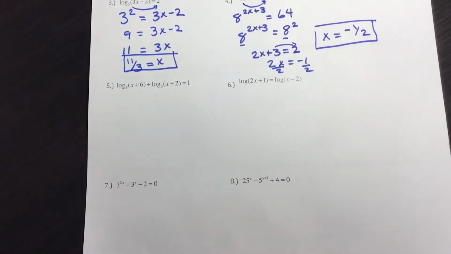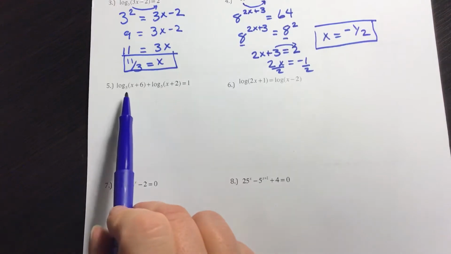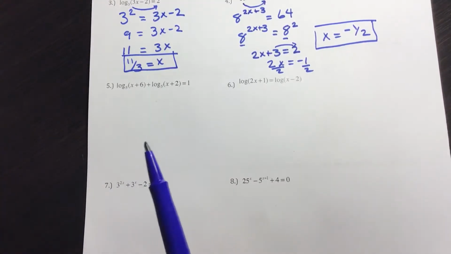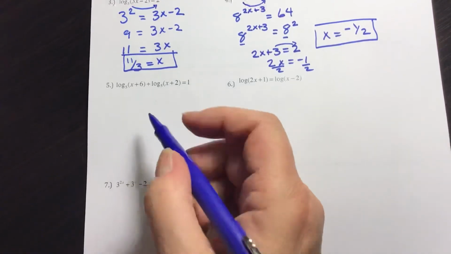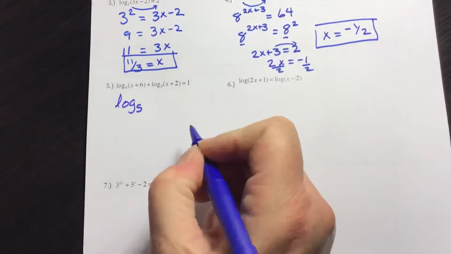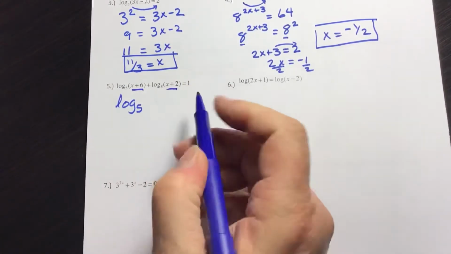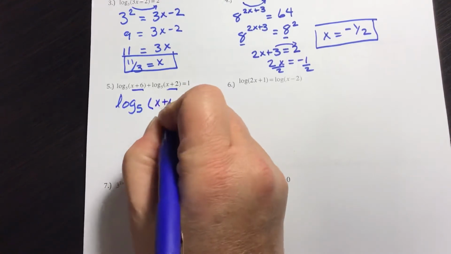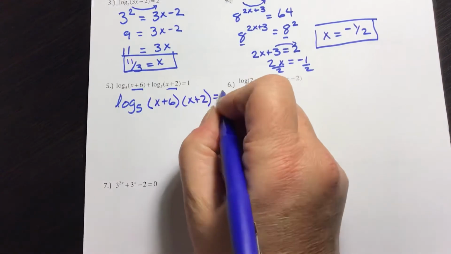Number 5. This one, I'm adding two logs together that have the same base. So I have a property for that, which means if I have the same base, I can write it as a single log, log base 5, and these two parts right here get multiplied together. So I have x plus 6 times x plus 2, and that equals 1.